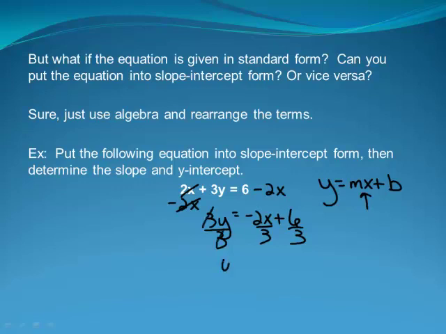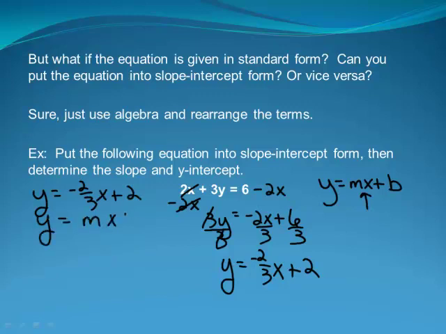And clean that up. We've got y is equal to negative 2/3 x plus 2. If y is equal to negative 2/3 x plus 2, and we're comparing it to y equals mx plus b, we know that m, of course, is the slope, so the number attached to the x is our slope.